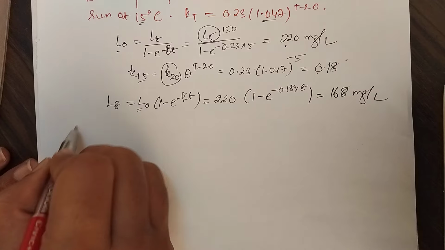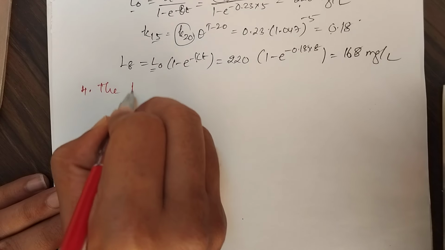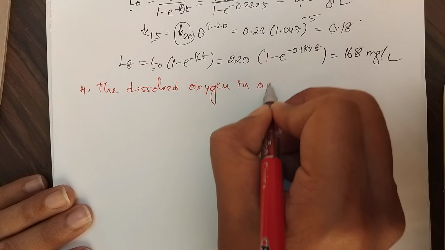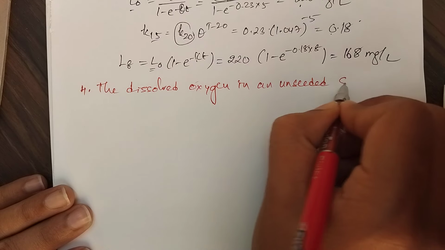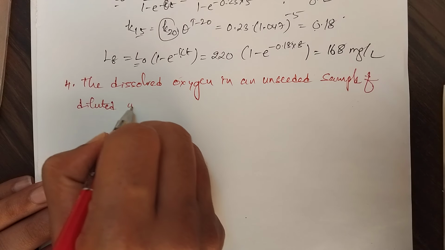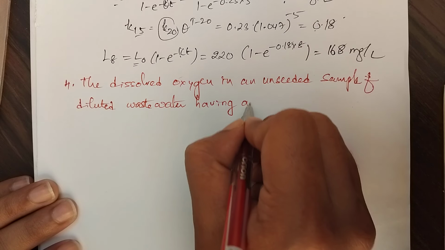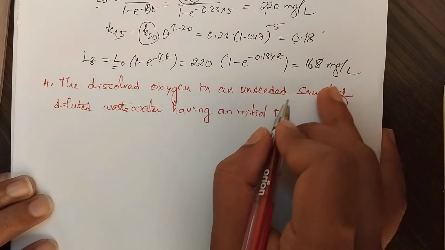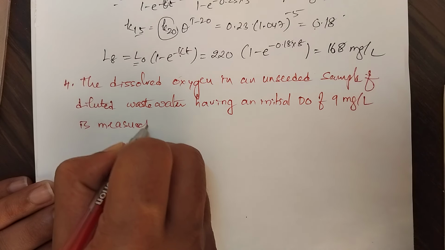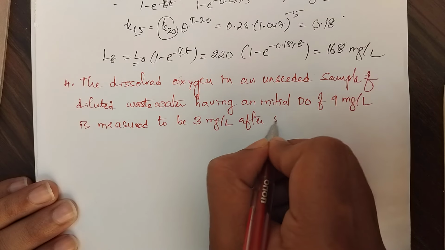So next question. The dissolved oxygen in an unseeded sample of diluted wastewater having an initial DO of 9 milligram per liter is measured to be 3 milligram per liter after 5 days.